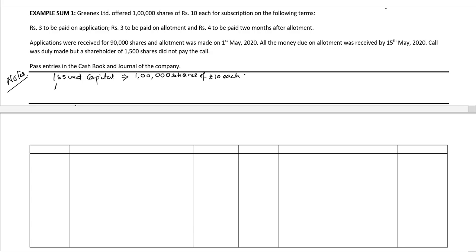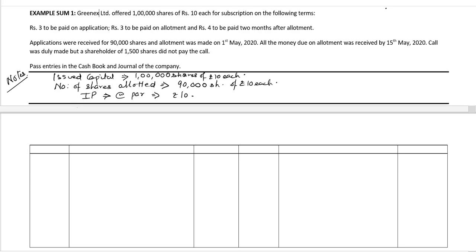Subscribed capital, or the number of shares allotted, it's under subscription of shares. Number of shares allotted is 90,000 shares of rupees 10 each. Issue price of the share, it's issue at par, and therefore the issue price is rupees 10.